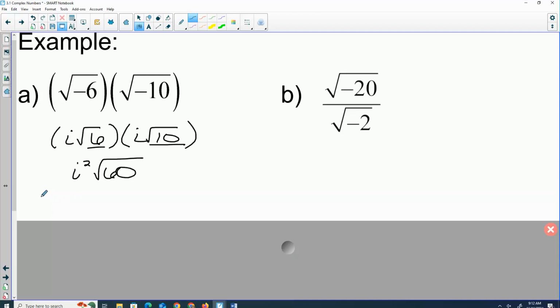i squared is -1. Okay, I want my radicals in lowest form. How can I break down 60?